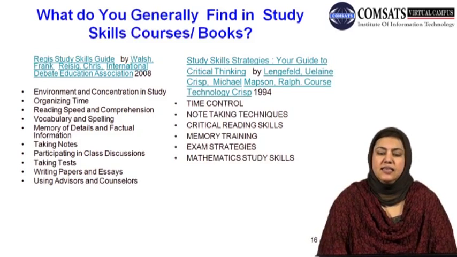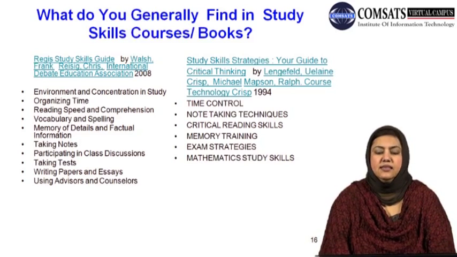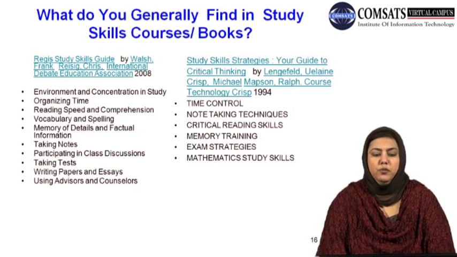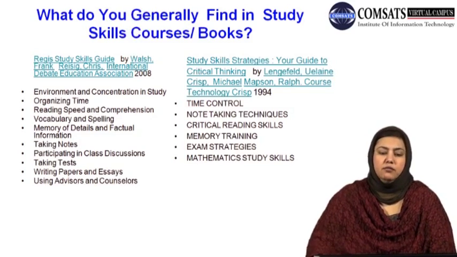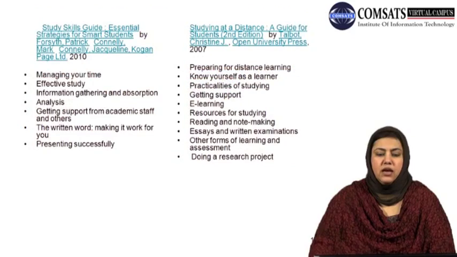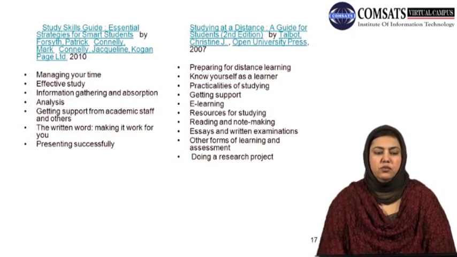The main areas it covers under study skills are time control, note-taking techniques, critical reading skills, memory training, exam strategies, and mathematics study skills. I hope you have been able to notice the main areas that any study skills course or book covers. However, I would share a couple more examples with you.